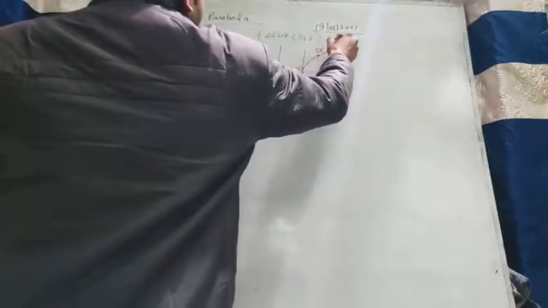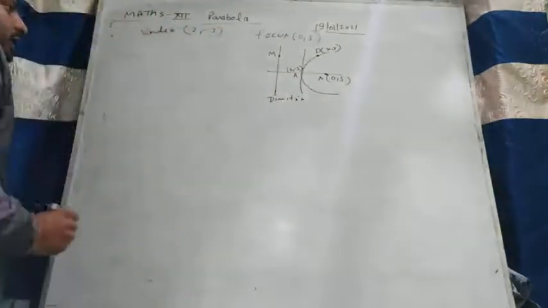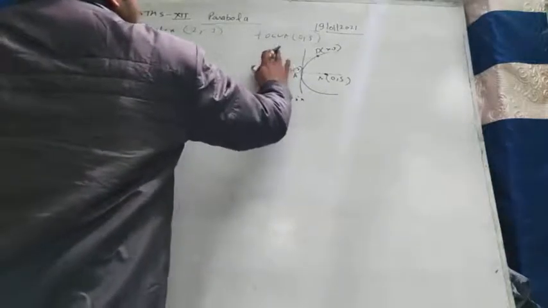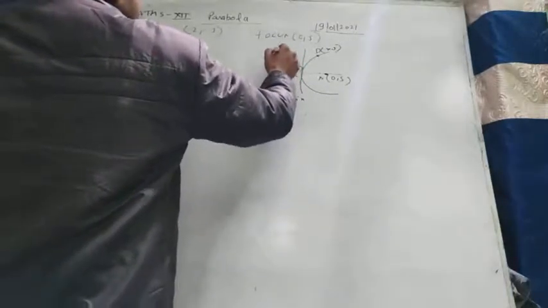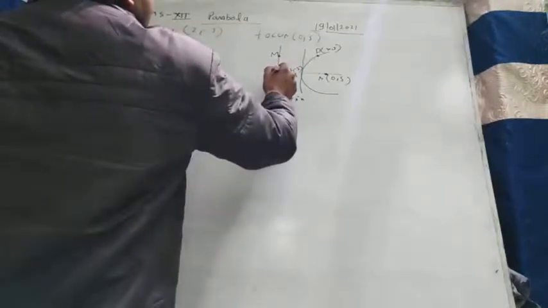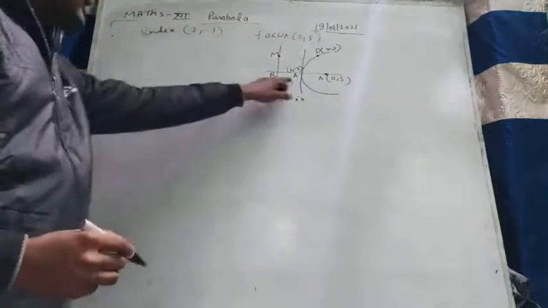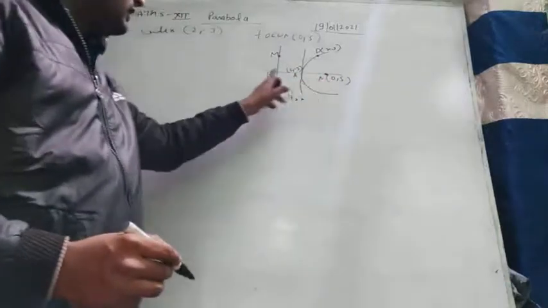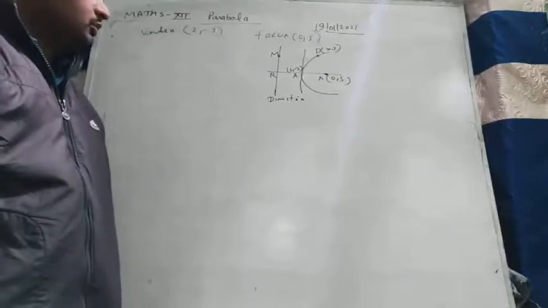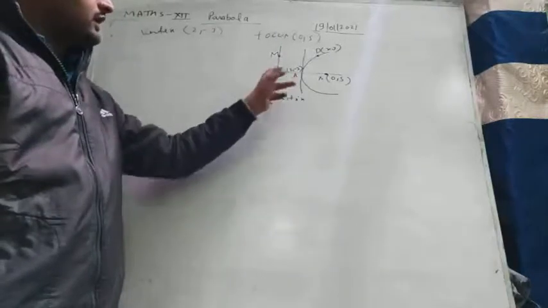And here is a point P(x, y), and this is M. So we know, student, that this vertex is the midpoint of this focus and directrix.